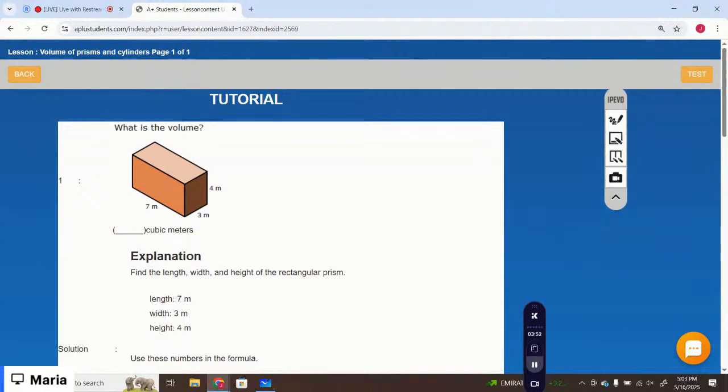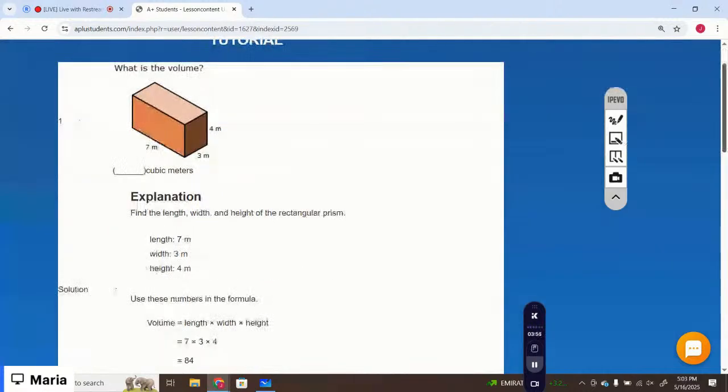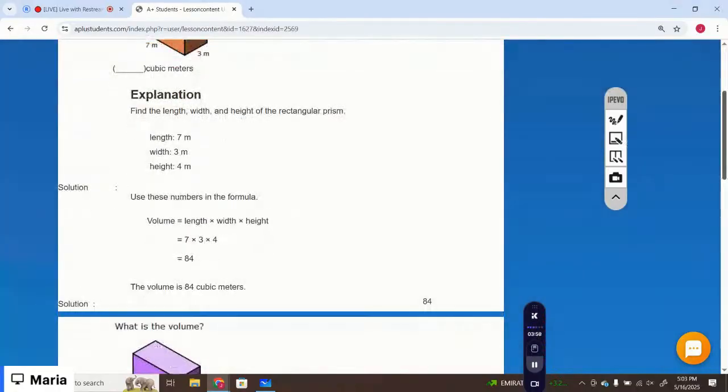What is the volume? So you have to do length times width times height. The formula you need to calculate the volume is length times width times height.